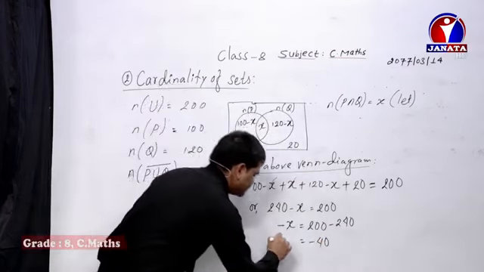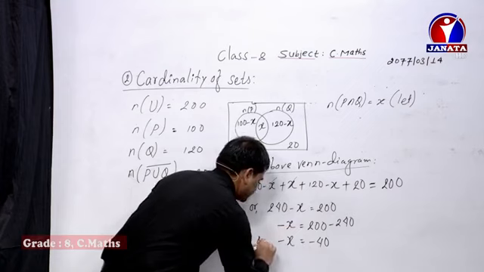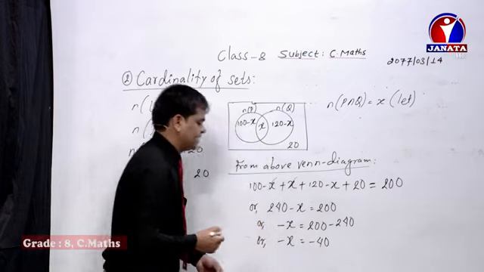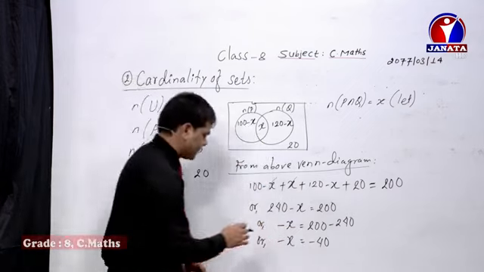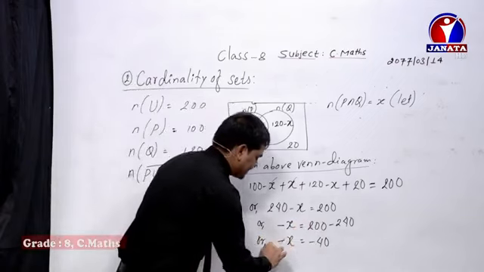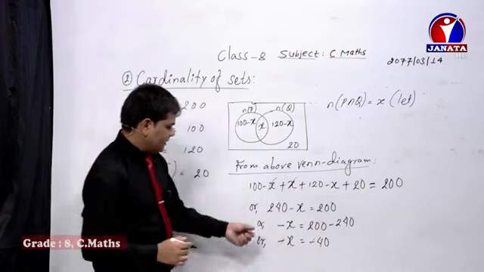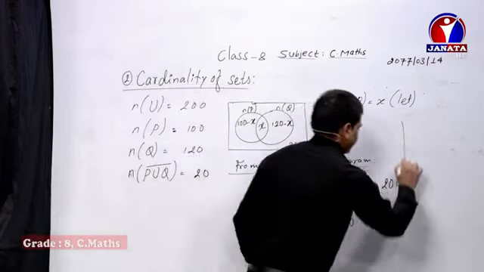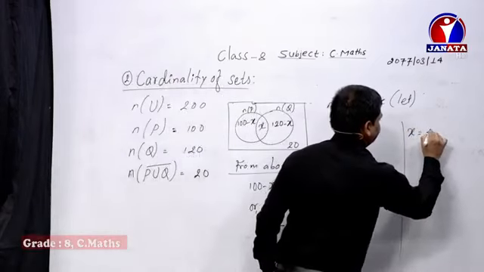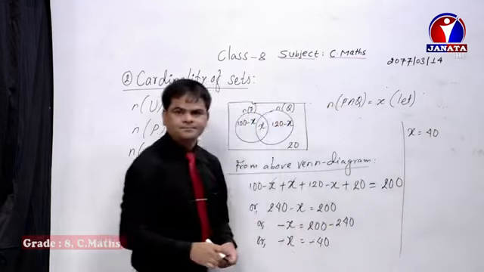Now this side minus x. Minus on both sides, can we cancel? So let's cancel the minus sign. Now the value of x came as 40.